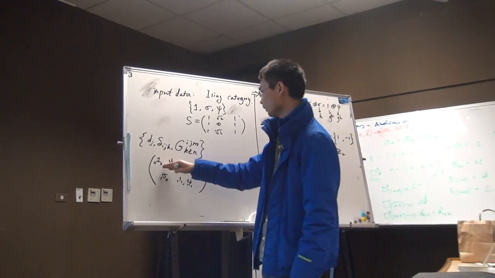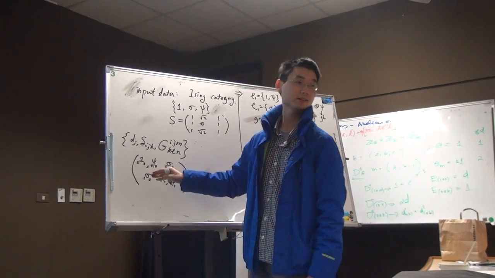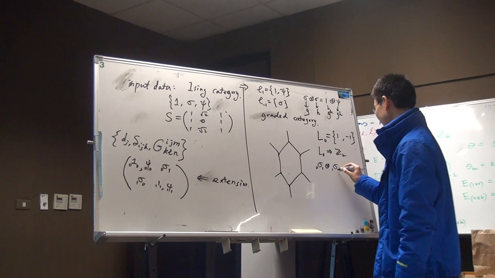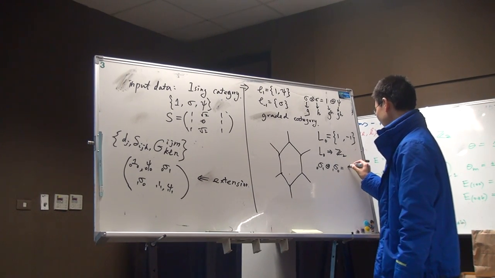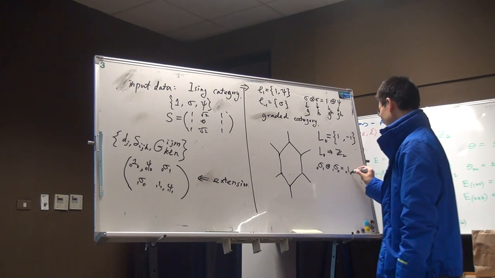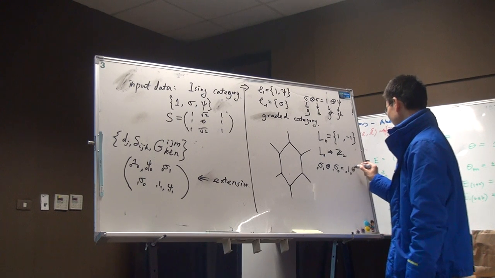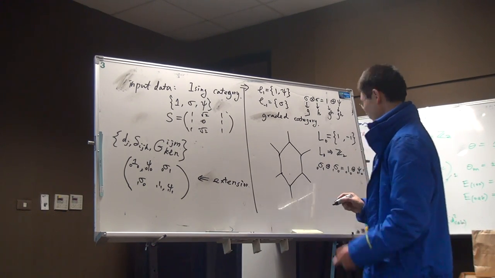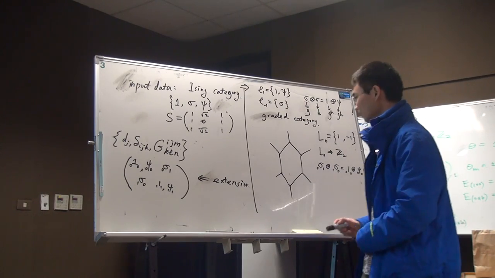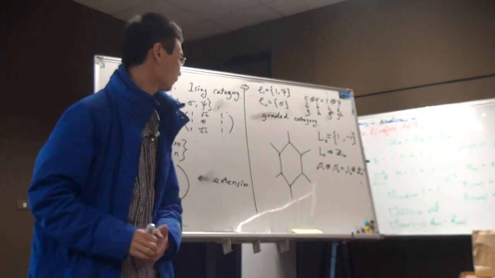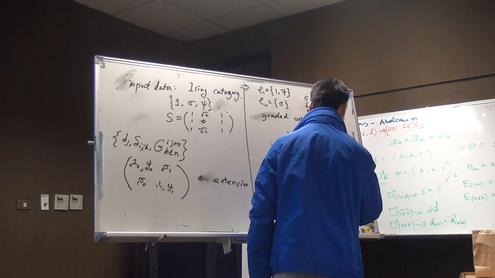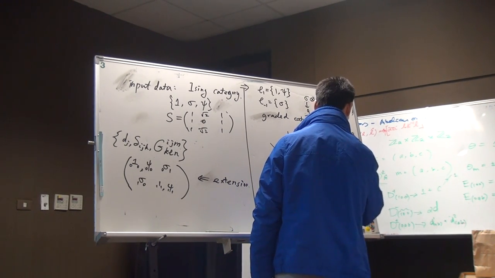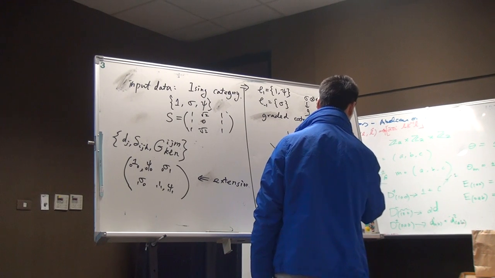And we have two copies of one side sigma in the extension. So, for example, like this.